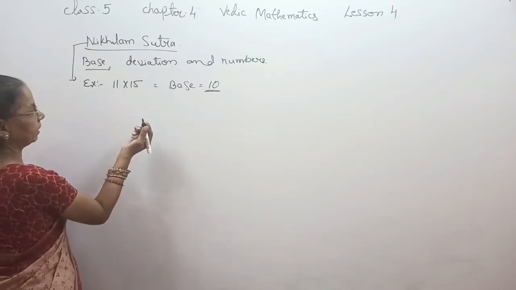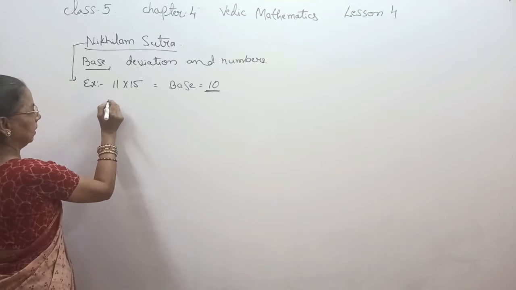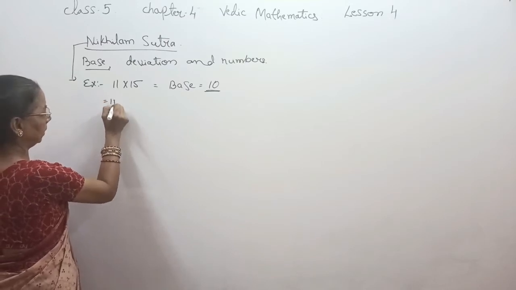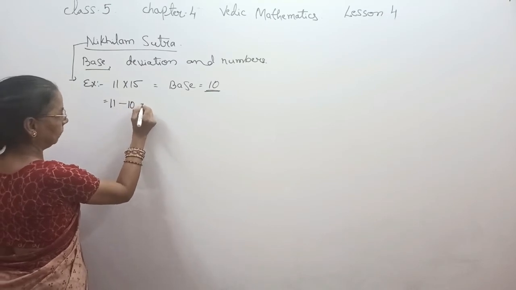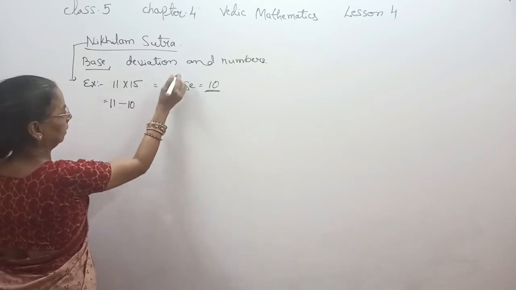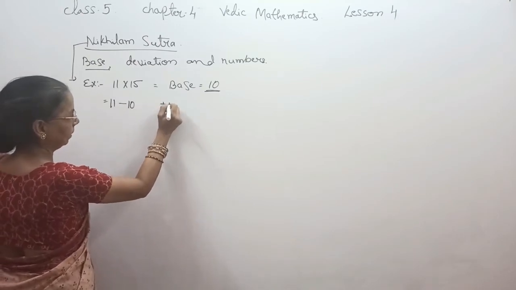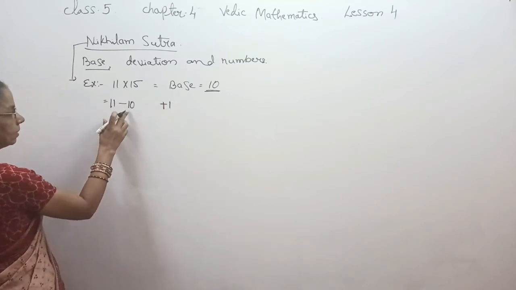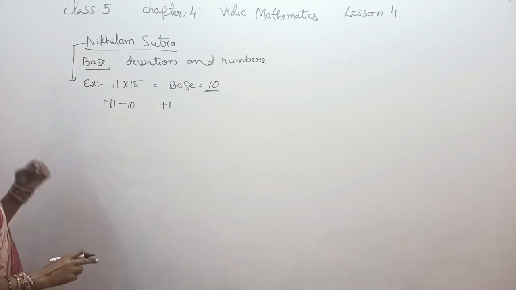How can we find that? As I explained in the last class, first we take the number, then minus the base, and we get the deviation. 11 minus 10 we get 1, it is plus 1 because the base is smaller than the number.